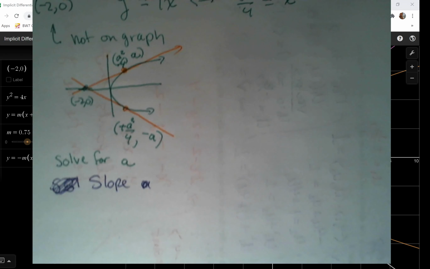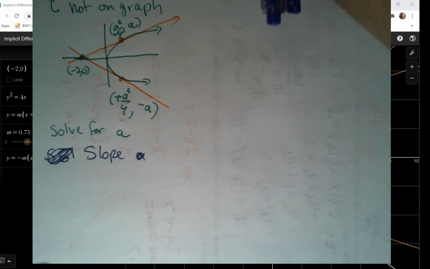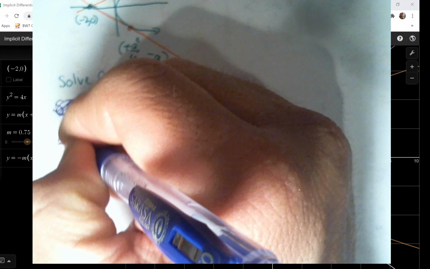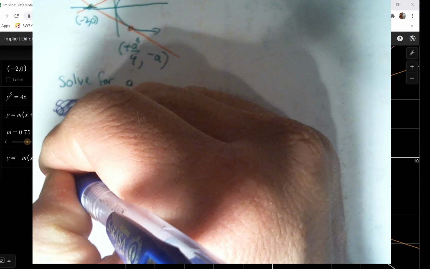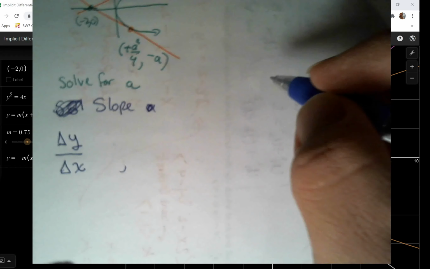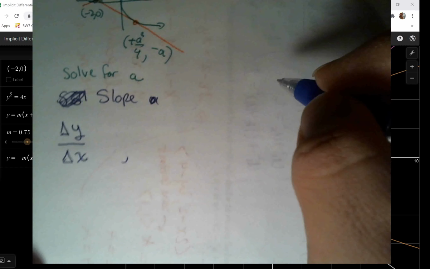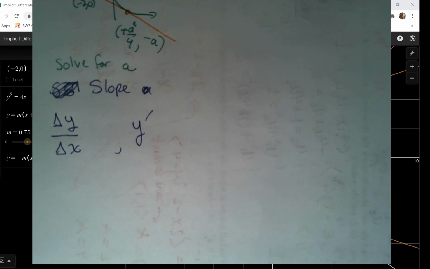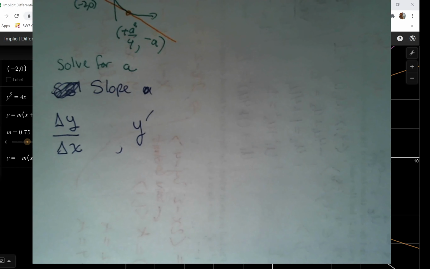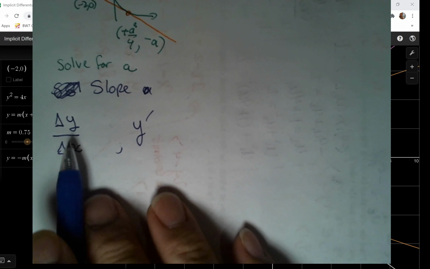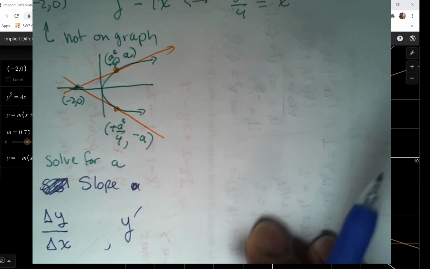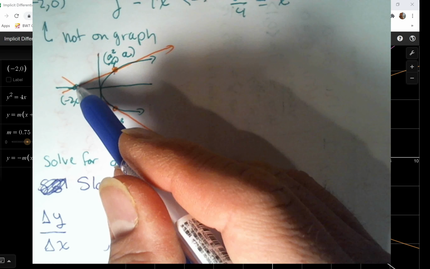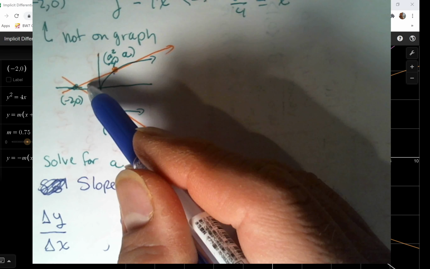When we all were in algebra, slope was defined as change in y over change in x. And when we were in calculus, the tangent, at least, was the value of y prime at a given point. Okay, so I can use this formulation, the algebraic one, by having change in y over change in x, right?